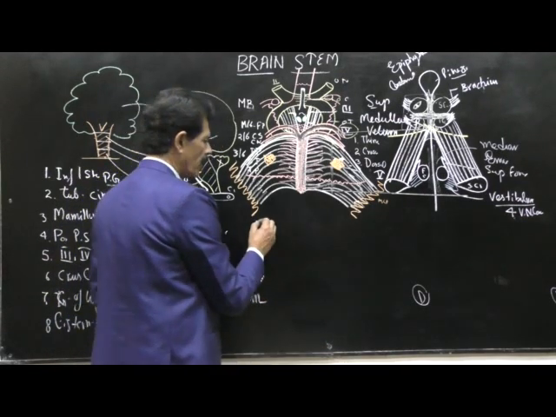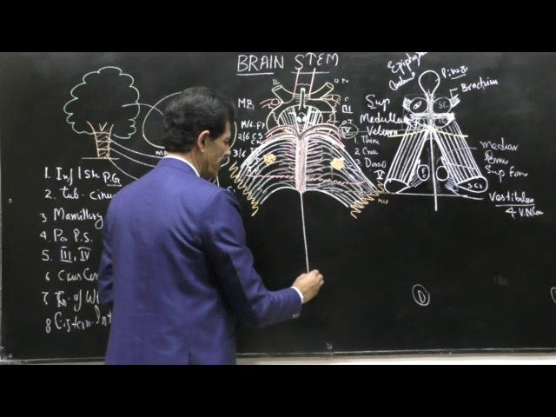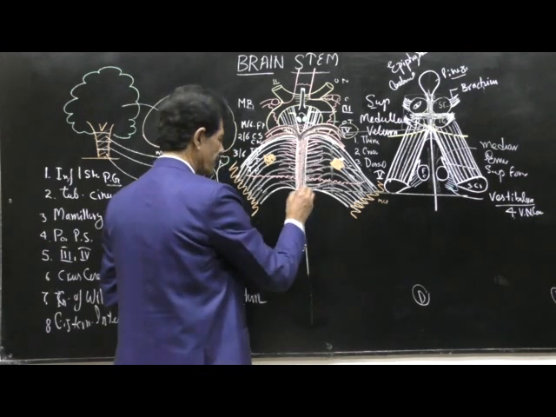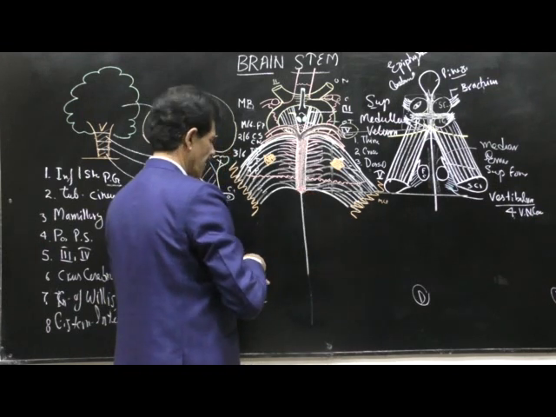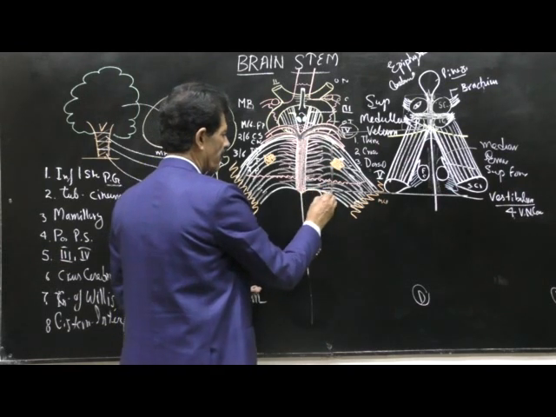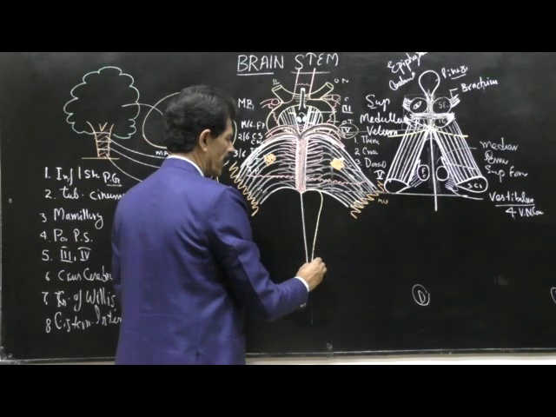And this medulla in its median part has a line, a sulcus, which is called the anterior median sulcus. And on either side of it there is an elevation which looks like a pyramid, broad above and narrowing as we go down.